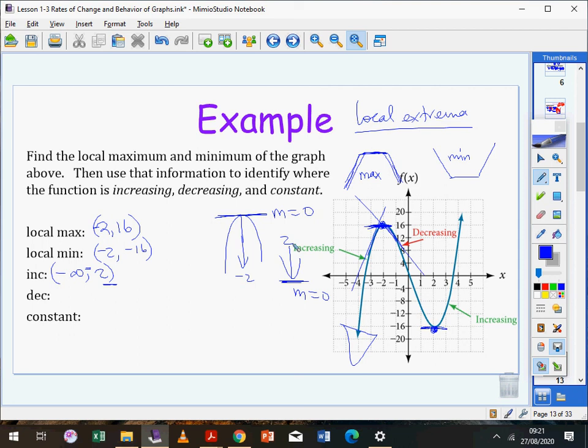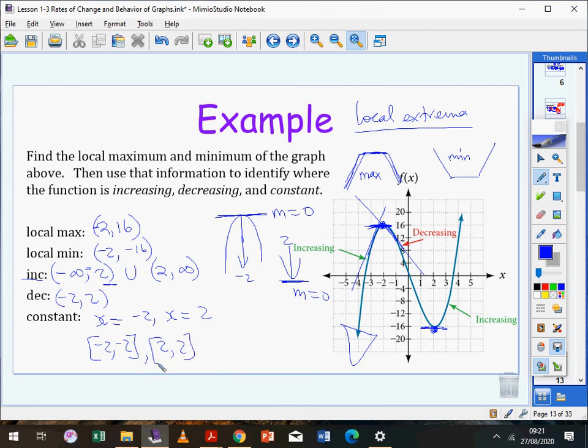So increasing is over the interval from -infinity to -2, and also over the interval from 2, again not included, to positive infinity. And it's decreasing over the interval from -2 to 2. It's constant when x is -2, and it's constant when x is 2. If you want, you can write these as [-2, -2] and [2, 2].